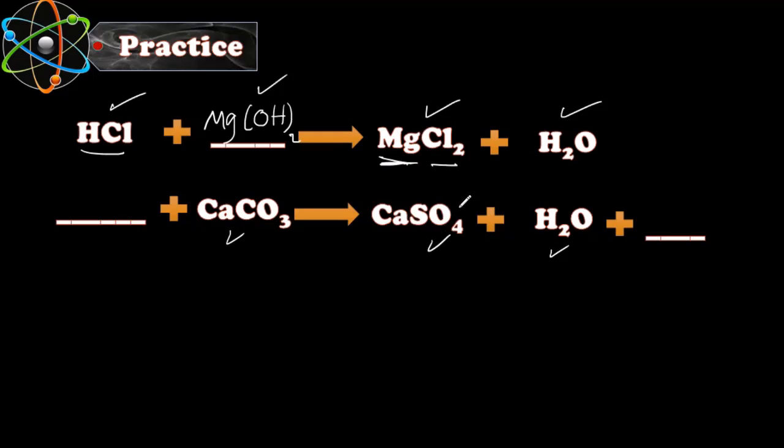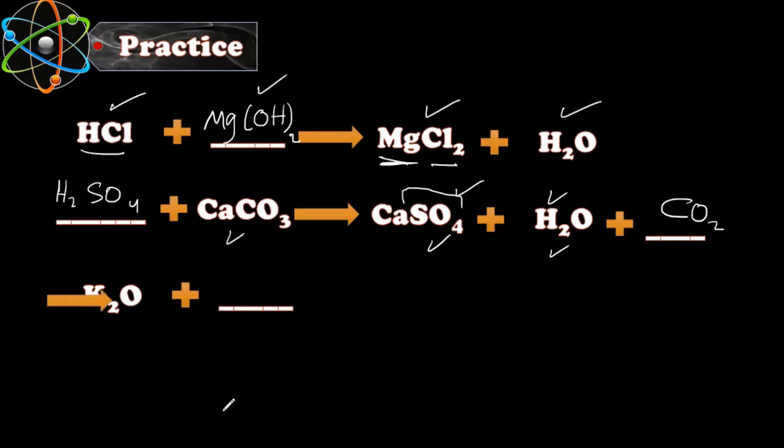Now the name of the salt will give us the name of the acid, as long as we have sulfate, so it is going to be H2SO4. How do I know it is H2SO4? Because it is an acid, and this acid gives us sulfate, so it's going to be sulfuric acid. Now sulfuric acid plus calcium carbonate will give us salt plus water plus carbon dioxide, as we saw from the rules before.